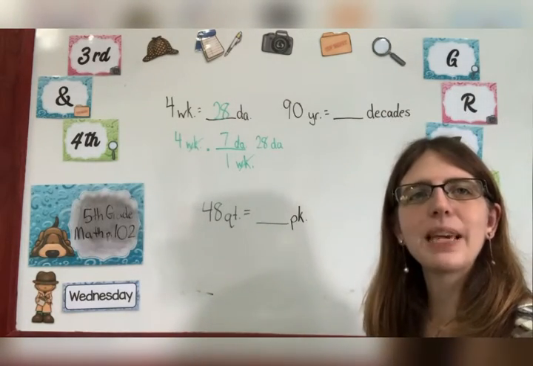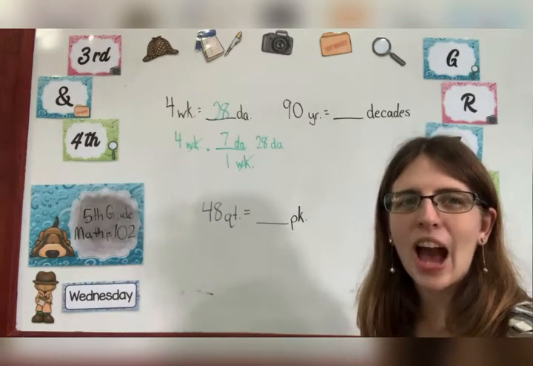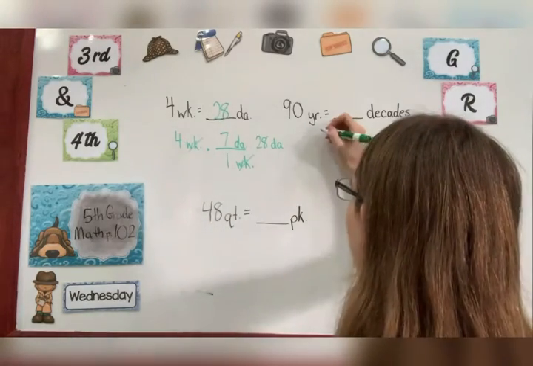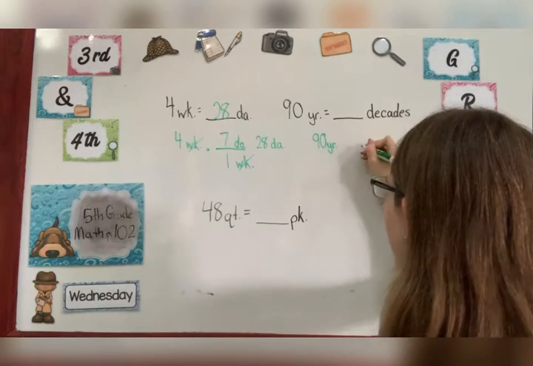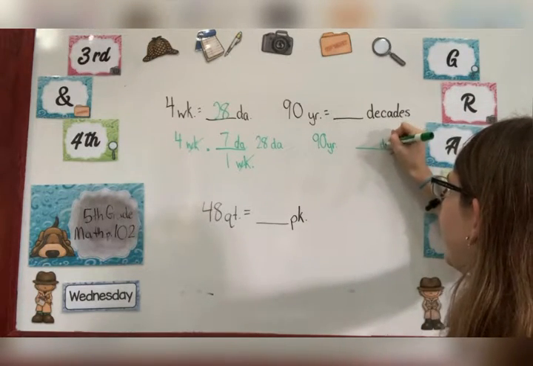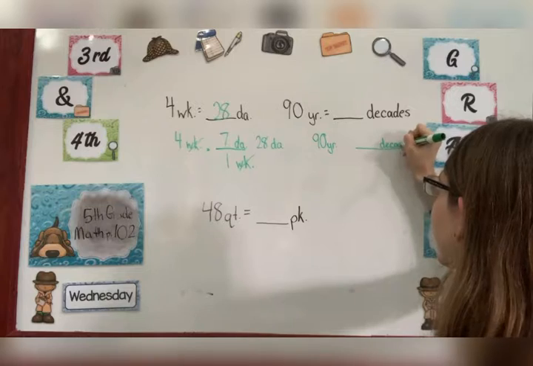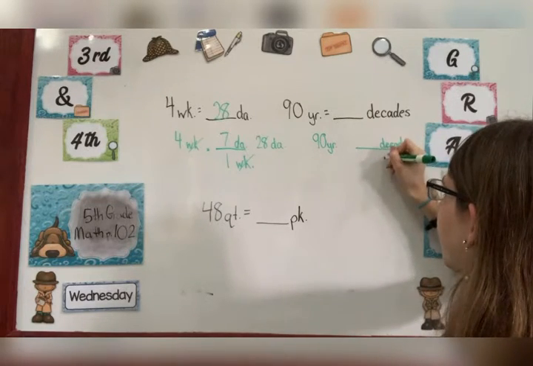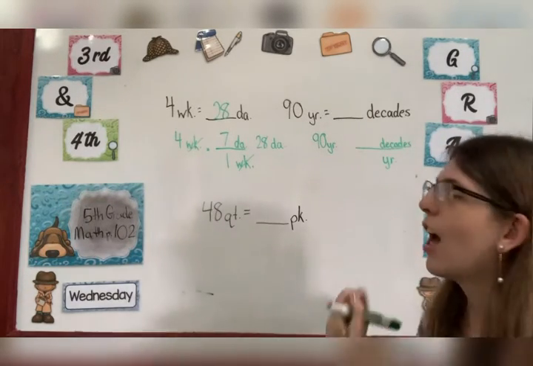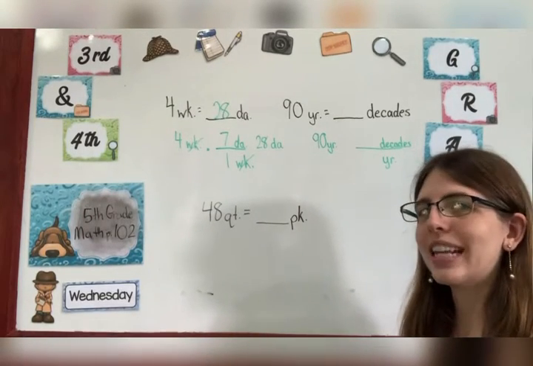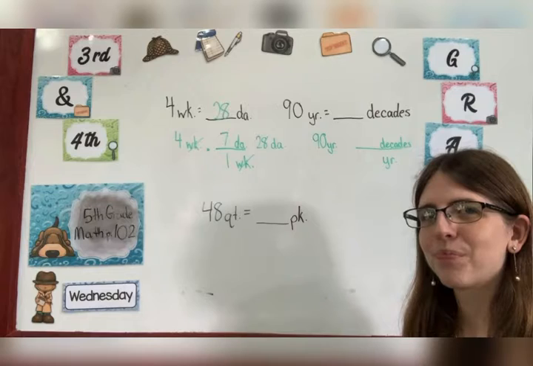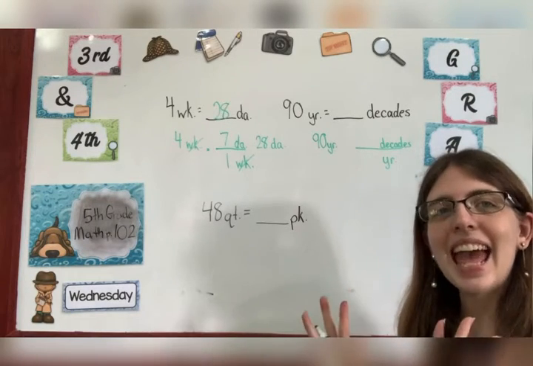All right, let's try letter B. 90 years is how many decades? So I know that I'm going to start with 90 years. I'm going to decades from years. Now what's my conversion factor? How many years are in a decade? 10, very good.